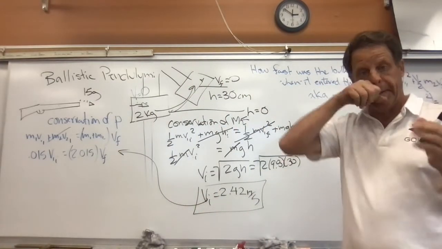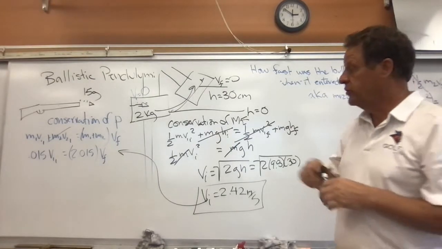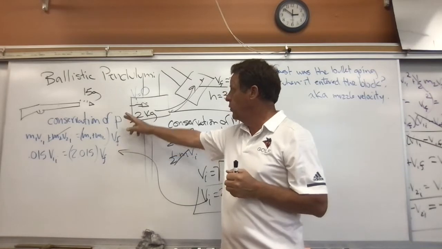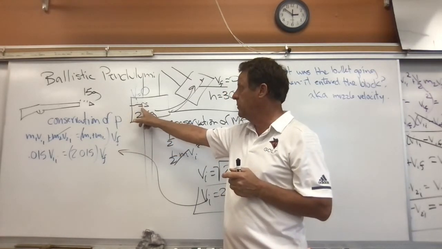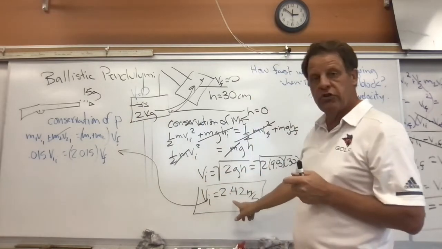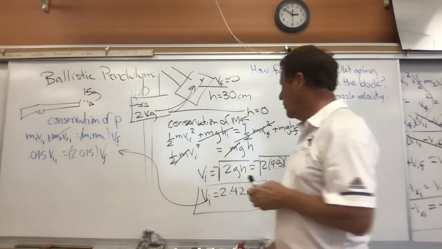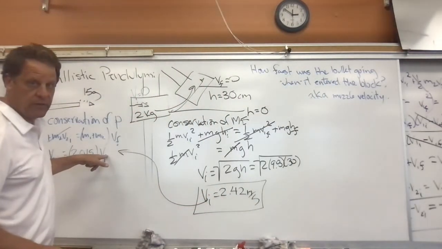All right, this is where we just need to make a little bit of a psychological adjustment. The final velocity here, where it is entering the block, that becomes our initial velocity of this. And therefore, this 2.42 is our final velocity.